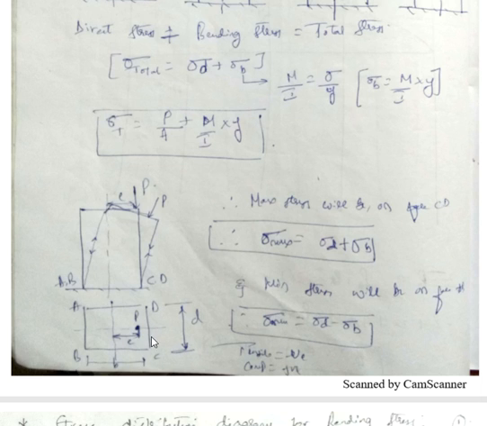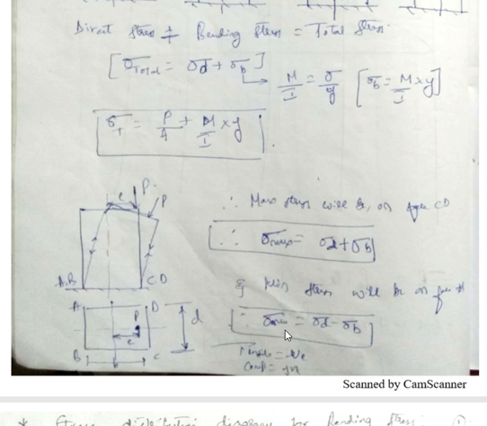So if I consider stress at A and B, because of direct stress, which is compressive, I am taking it as positive, but because of bending there is a tensile stress, so I am going to take it as minus sigma B. Since one is compressive and the other is tensile, both will get subtracted and the value will become less. So there will be a minimum stress acting at A and B and maximum stress acting at D and C. I am going to represent it as sigma max and here as sigma minimum.